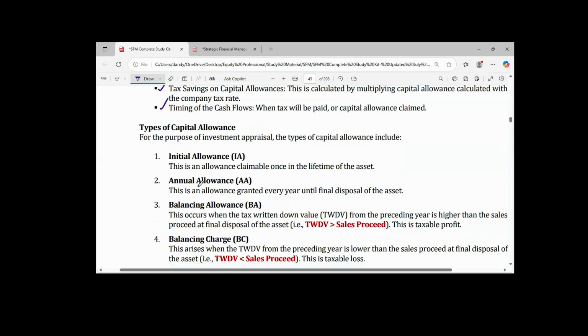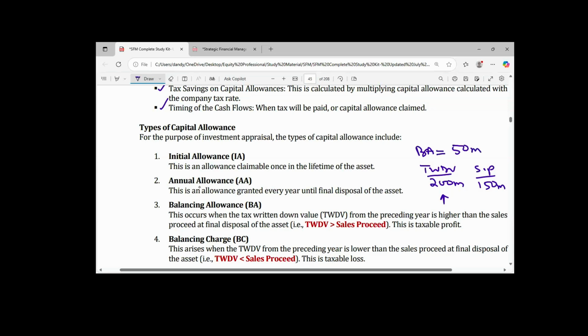Say, for example, you have an asset that has a tax written down value of 200 million, and this asset is being disposed of at 150 million. So when this happens, the difference between 200 and 150, which is 50 million, is called balancing allowance. So the company will claim a balancing allowance of 50 million.